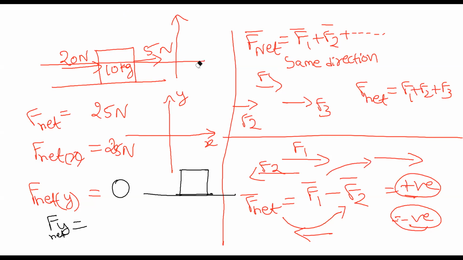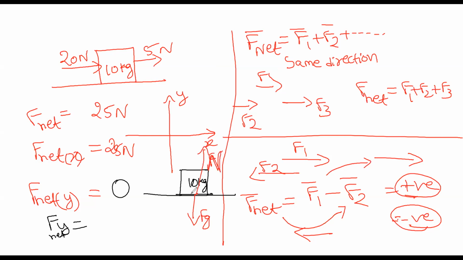At the beginning, when we are solving questions, we will draw all at once. Now tell me what are the forces on this 10 kg block along the Y direction. The gravitational force and the normal force, N, right?